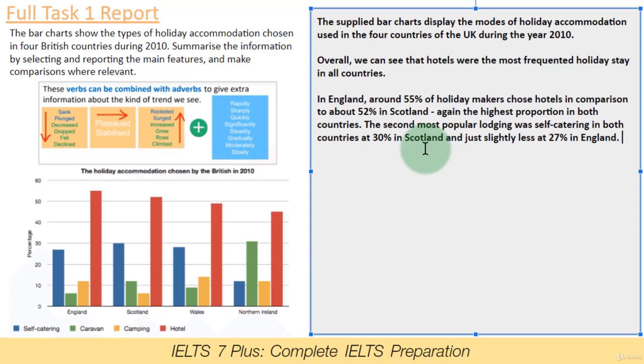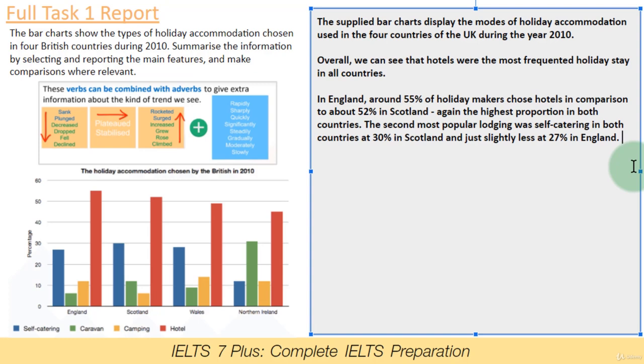Okay, so now we can see that we have significantly lower, or we could say, looking at our vocabulary here, we could say these figures sank significantly for both caravans and camping. So just trying to use that. These are really better for trends. So trends are better on time, but we can still use them for this kind of bar chart in a single time period.